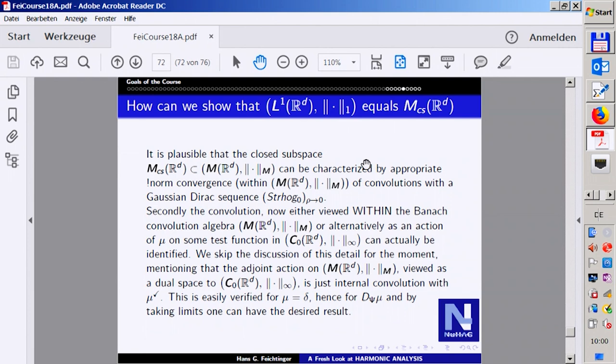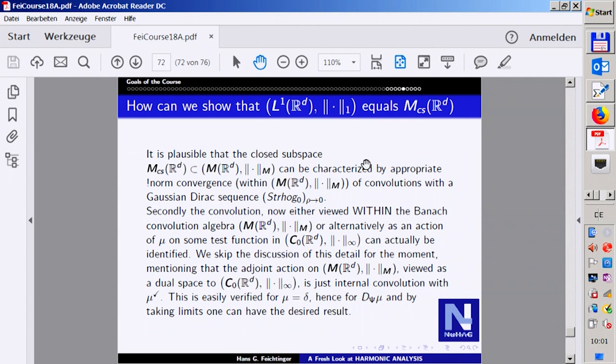The original convolution within M, the measures, and the action of the measures on C0, and the adjoint actions on the dual of C0, which happens to be M. And we can be confused, or we can say, well, we have learned that if you understand everything on the discrete measures, you know what's going on, because the rest is taking limits.